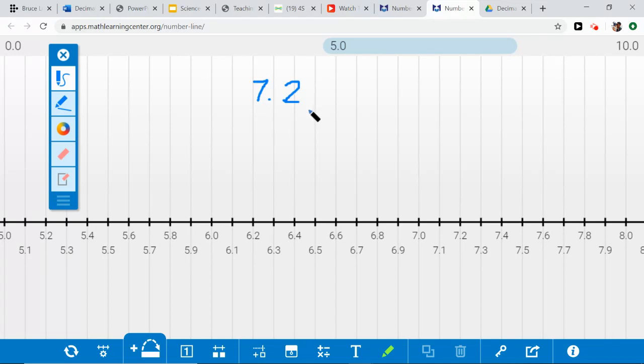The answer is 7, because the tenths digit is less than 5, and therefore we round down. So 7.2 rounded to the nearest whole number is 7. And let's just have a look what that looks like. The two possible answers were 7 or 8, and we can see 7.2 is much closer to 7. In fact, it's only 2/10 away.